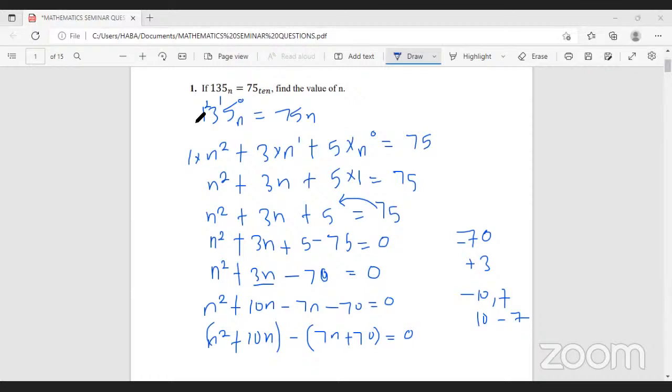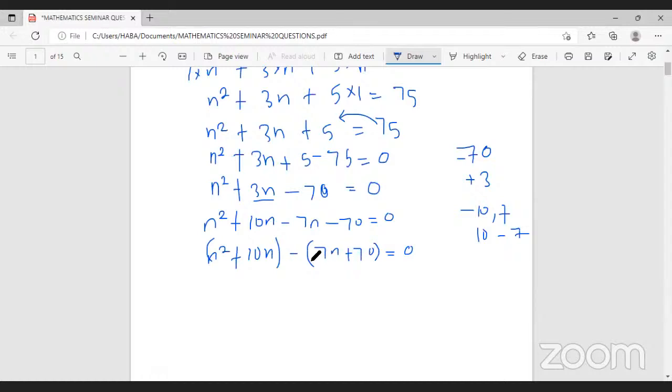Okay, great. Because we have factorized out the negative 7, when we again open the brackets, it changes them to positive. So that's why we changed them. So we are now going to get the common factor in the first bracket and then the common factor in the second bracket.